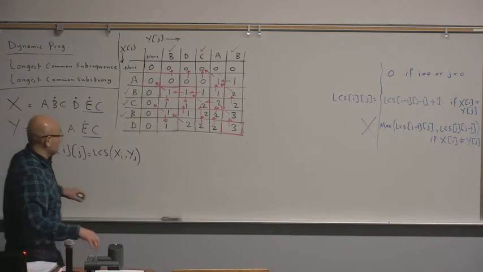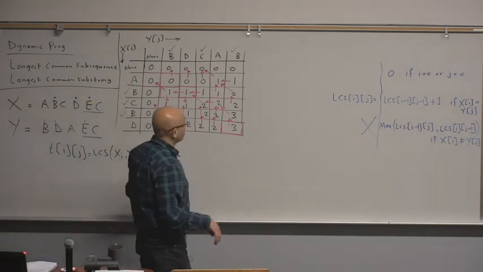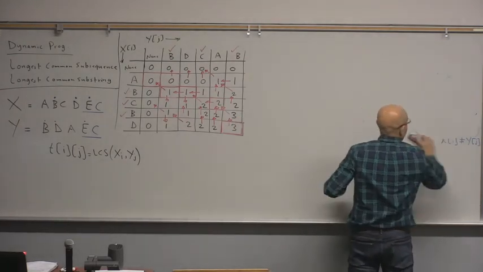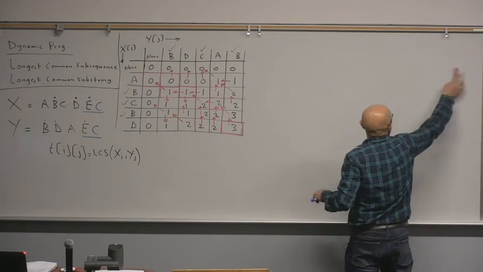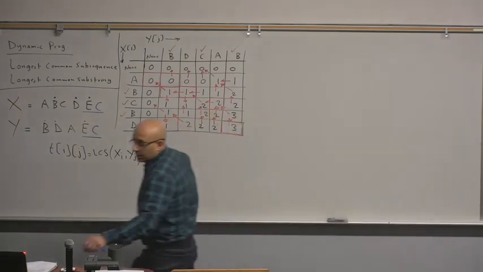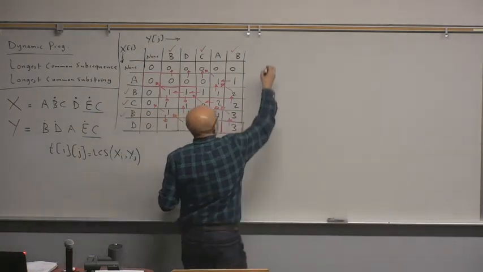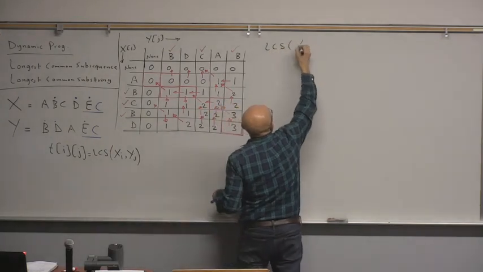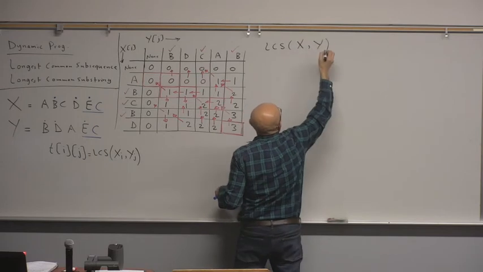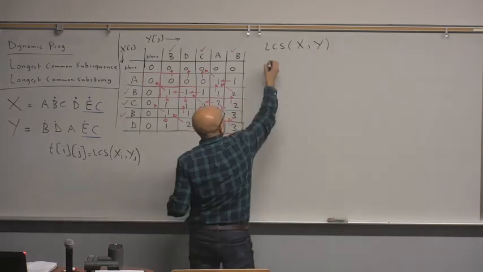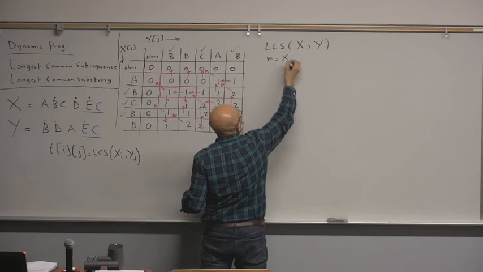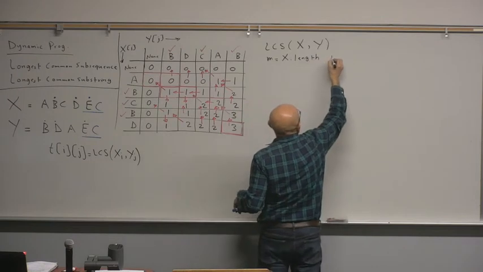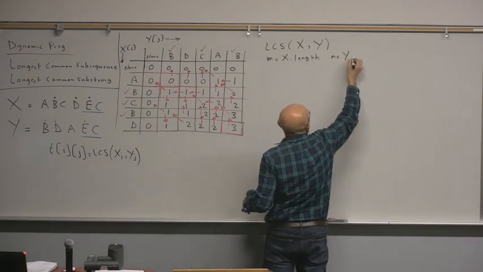Okay, now let's translate this into code. Longest common subsequence of x and y. So let m equals x dot length and n equals y dot length.